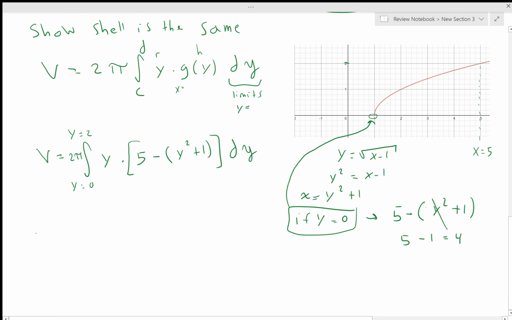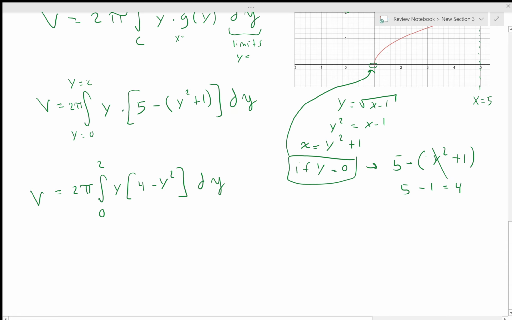So now that I can verify that's right, we can start simplifying and then doing our math here. So 2 pi, integral from 0 to 2. I'm going to distribute later. Let's simplify the inside first. So it would be 5 minus 1, so we can jump right to 4, minus y squared dy. Volume equals 2 pi, 0 to 2.